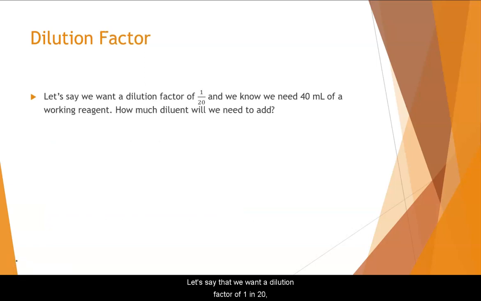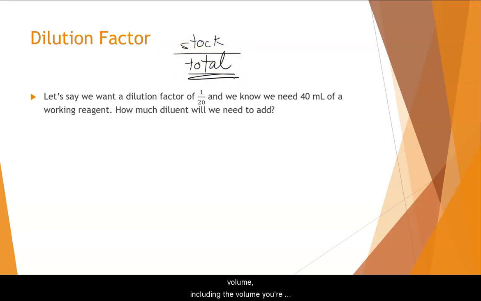Let's say that we want a dilution factor of 1 in 20, so something should be 1/20th the original strength, and we know that we need 40 milliliters of a working reagent. So that 40 milliliters is the aliquot or stock standard. How much diluent will we need to add? Well, the dilution factor is the concentration, which means it should be the stock standard part or the reagent or the medicine divided by the total volume, including the volume you're adding in with the reagent.